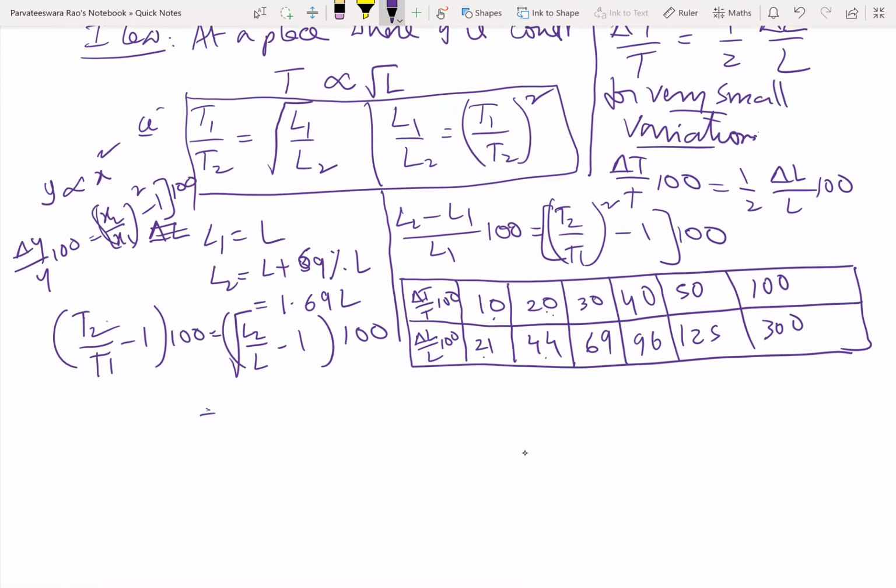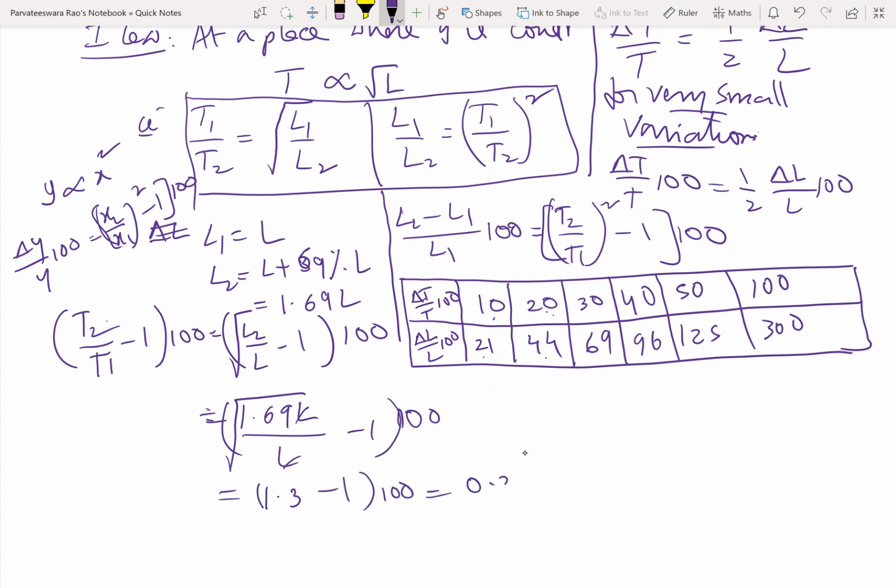So this is root of 1.69 L by L minus 1 multiplied by 100. Root 1.69 is 1.3. L will cancel. 1.3 minus 1 into 100. This is 0.3 into 100, 30%. So the length increases by 69%, the time period will increase by 30%.